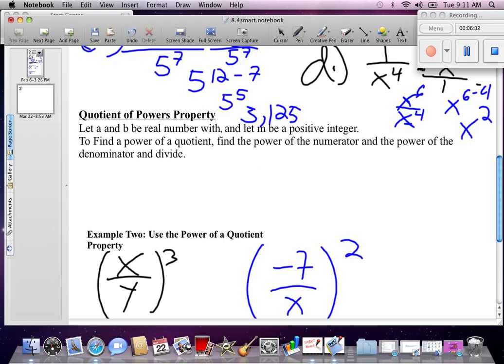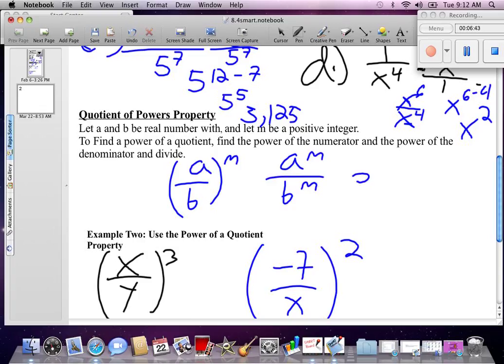We've got A over B, both to the M. So we're going to get A to the M over B to the M, as long as B does not equal 0. Okay? So you see how if there is an exponent on the outside of the parentheses, you take that exponent to the top number and to the bottom number. Okay? Yep. So let's do these examples.